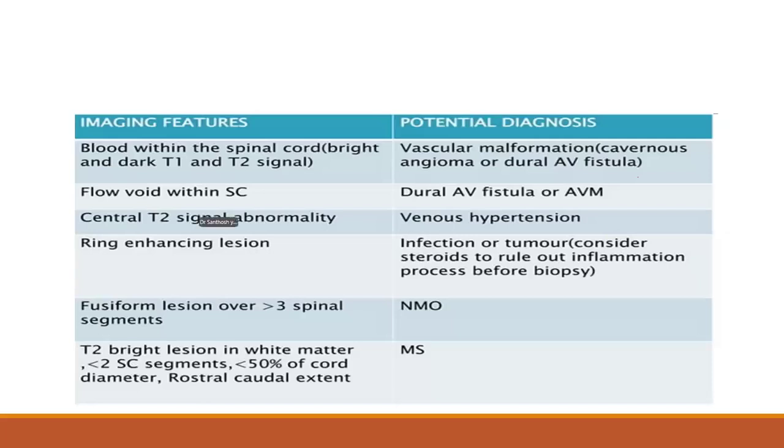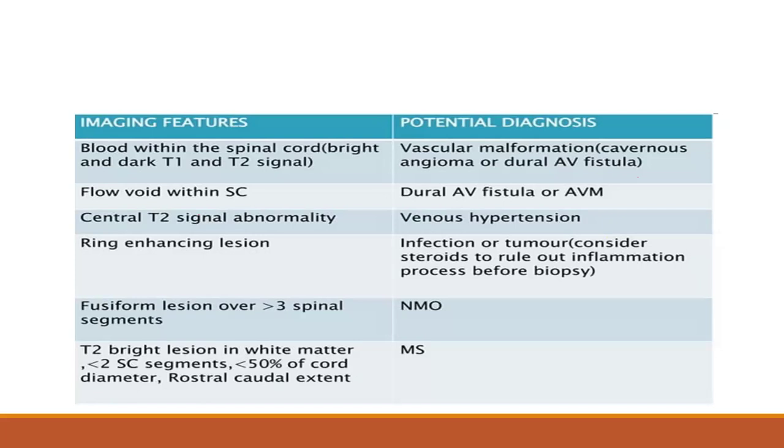So coming to imaging features and associated conditions: blood within the spinal cord is bright in T1 and dark in T2 signal. Sometimes it is associated with vascular malformations like cavernous angioma and dural AV fistulas. There are multiple losses of signal intensity, usually in T2. Flow voids within the spinal cord again suggest dural AV fistulas.